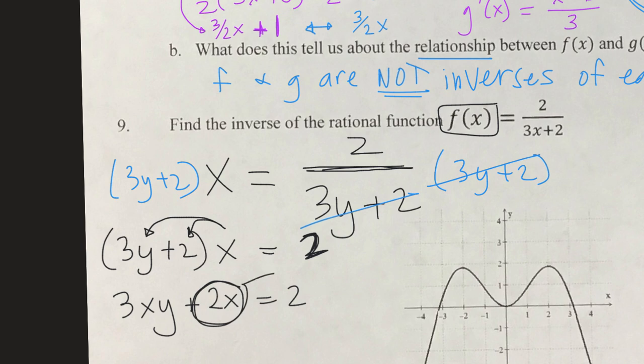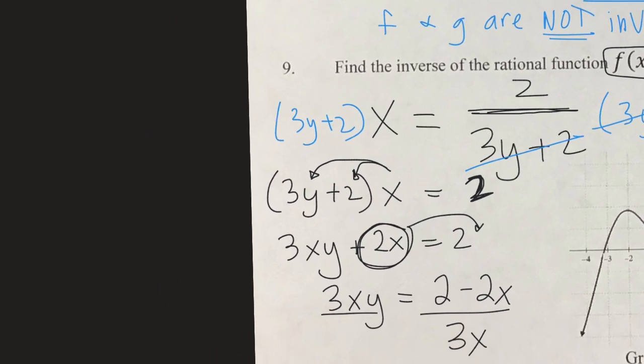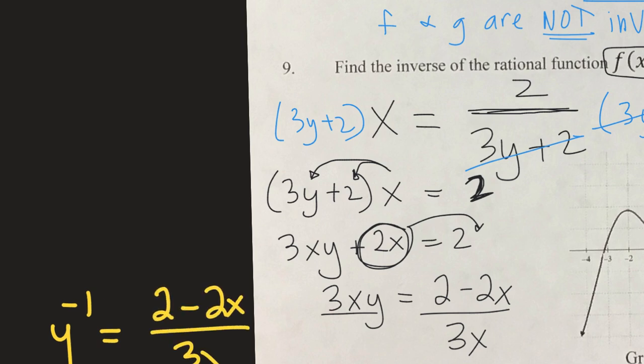Okay, we will move the 2x over there to that side. 3xy equals 2 minus 2x, right, because it's the opposite. And then we're going to divide both sides by 3x. Okay, so we can write this as one thing with the correct notation. y, or f inverse of x, equals 2 minus 2x over 3x.